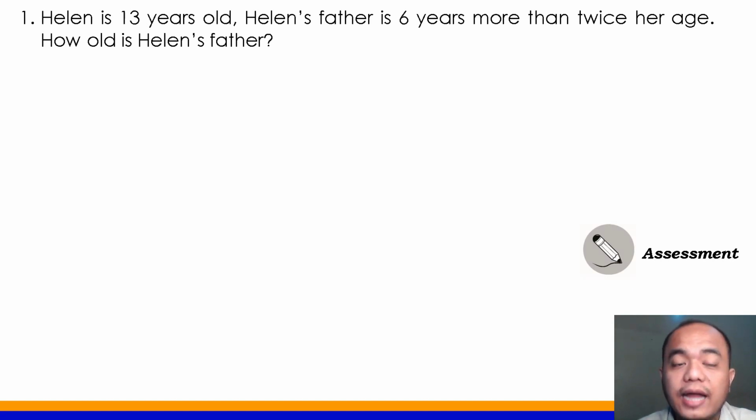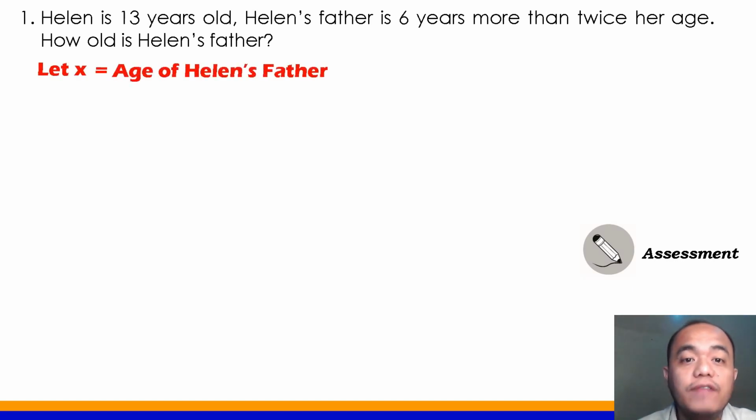So, ang tinatanong dito, yung edad ng ama ni Helen. Okay? This time, class, we will have to translate this first into an equation before we solve. So, we will let x be the age of Helen's father. Gagamitin natin yung variable na x na magre-represent ng age ng father ni Helen. Now, here's the solution. So, that's 2 times 13.